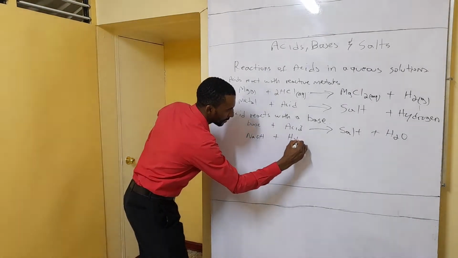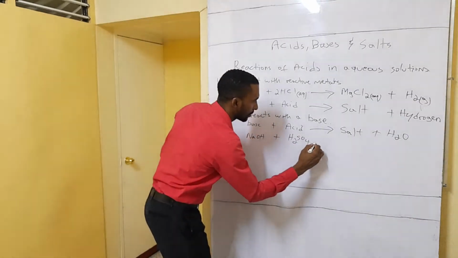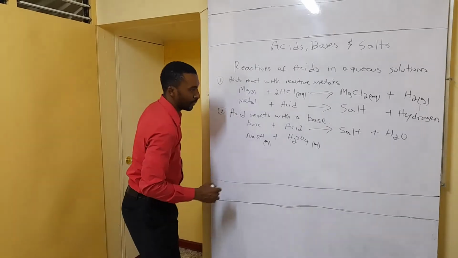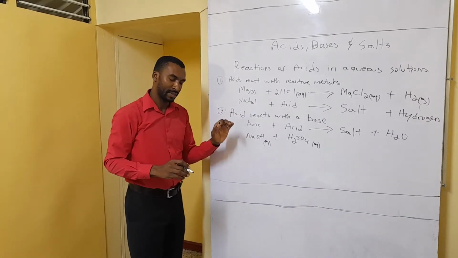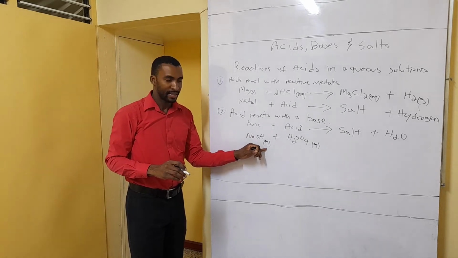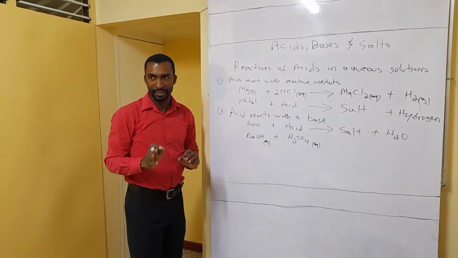Not sulfuric acid this time, right? Remember, you have to write the physical state in the equation because you're getting marks for the correct formula for the compound, the physical state, and the arrow to separate the products from the reactants.